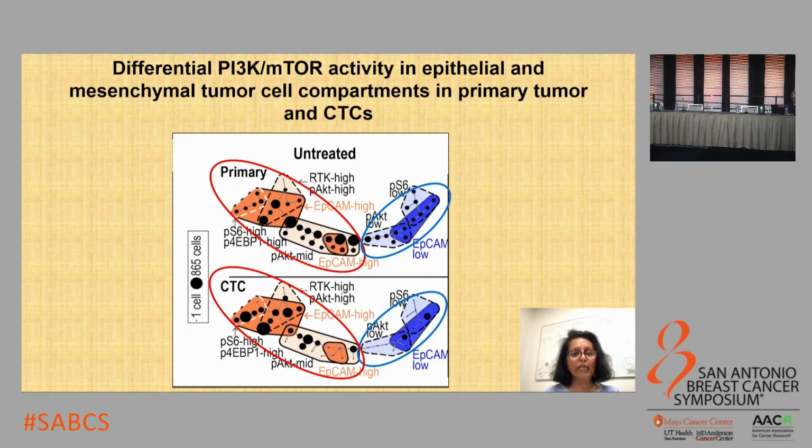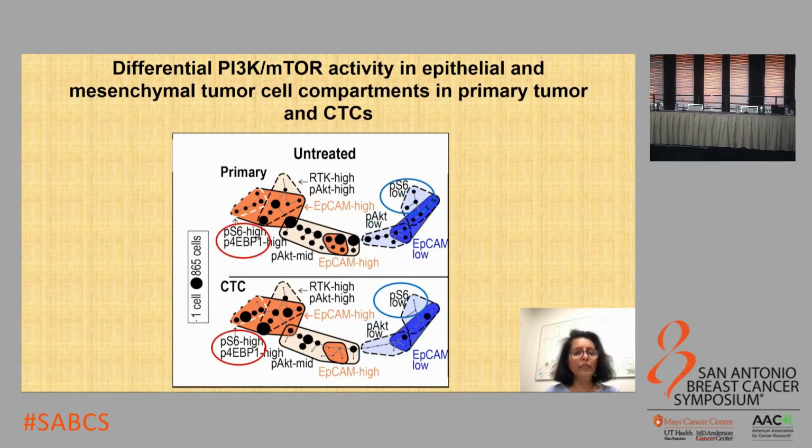The pink clade basically represents the EpCAM high epithelial cells, and the blue clade basically represents the EpCAM low mesenchymal cells. And you can see that the tumor cells in these two tumor compartments are quite heterogeneous. And on top of that, the epithelial tumor cells had high levels of phospho-S6 and phospho-4E-BP1 expression in both the primary tumor compartment as well as in the CTC compartment, compared to the EpCAM low mesenchymal cells, which had low mTOR activity.